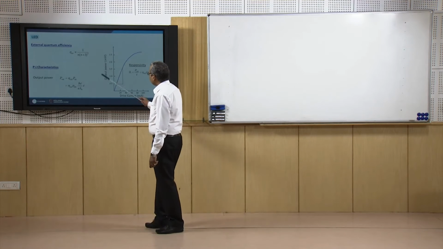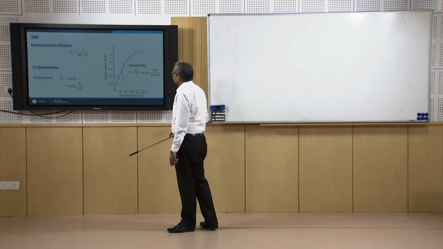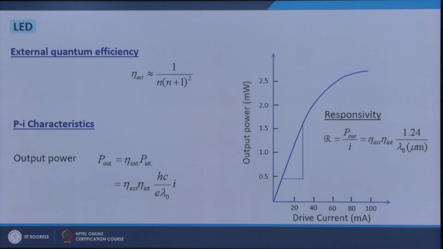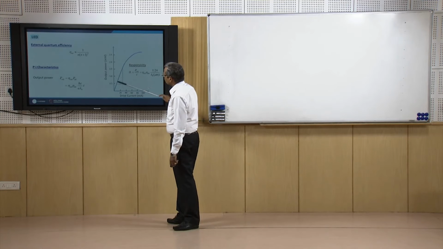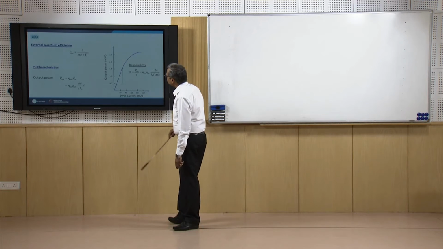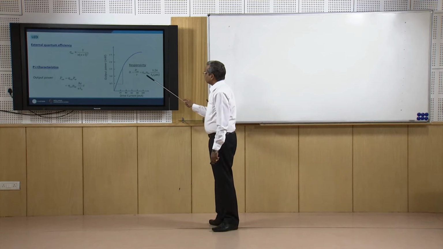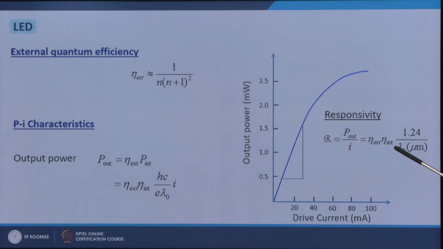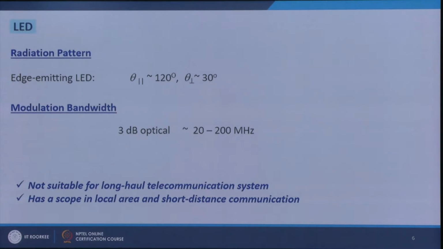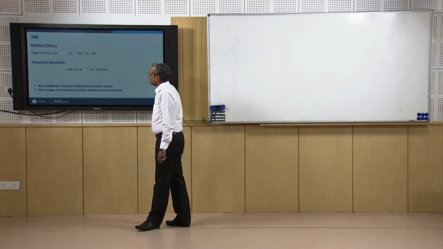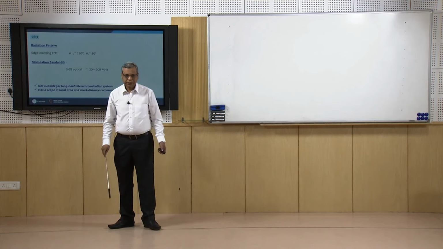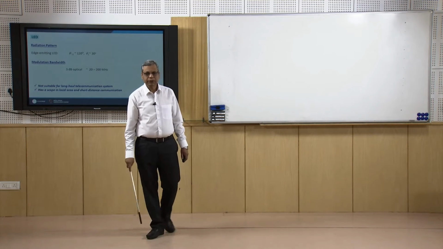If I plot this output power as a function of drive current I, it follows this kind of behavior, characterized by the responsivity, which is the slope of the curve in the linear region, given by eta external times eta internal times 1.24 over lambda naught in micrometers. The LED is not a very directional source.